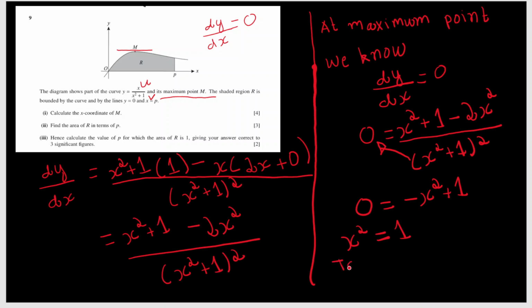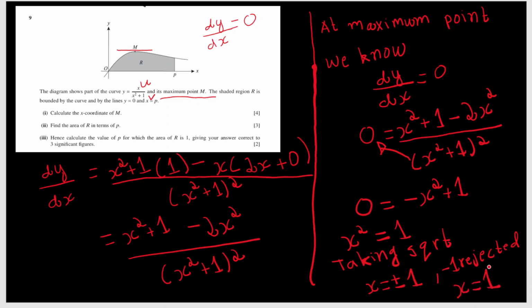Taking square root, this is just going to be x is equal to plus or minus 1, and minus 1 is going to get rejected, so minus 1 rejected, and x is equal to 1 is your answer.